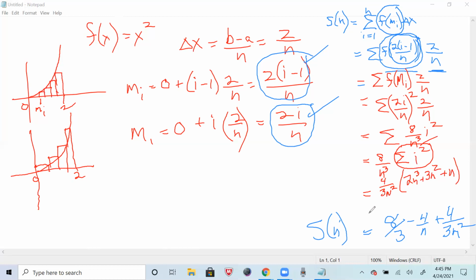And now if I do this algebra, I get down to 8/3 plus 4 over n plus 4 over 3n squared. And you can see that there's not a lot of difference between the red and the blue.